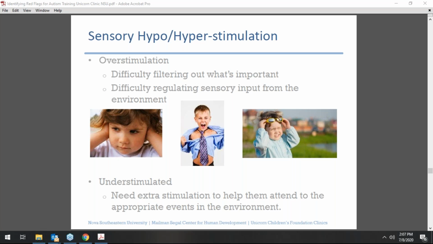So they're going to mouth things, like I said, touch textures, because they're seeking that stimulation. That's what we call sensory seeking behaviors. And when they're overstimulated, we call it sensory aversions because they try to avoid those sensations because it's too overwhelming for them. So we have the auditory component, tactile and taste.